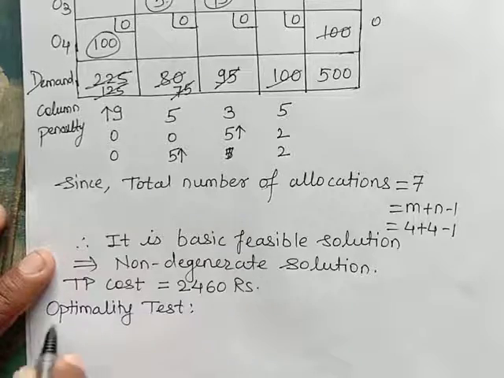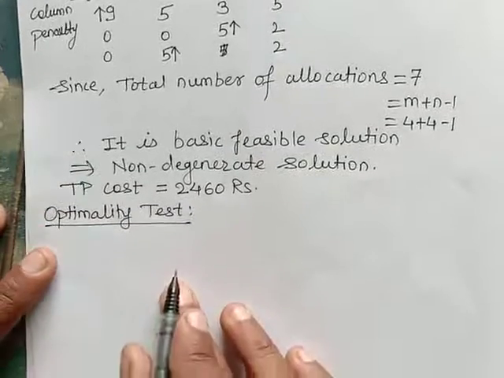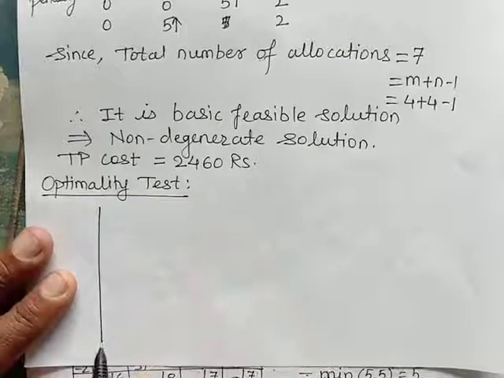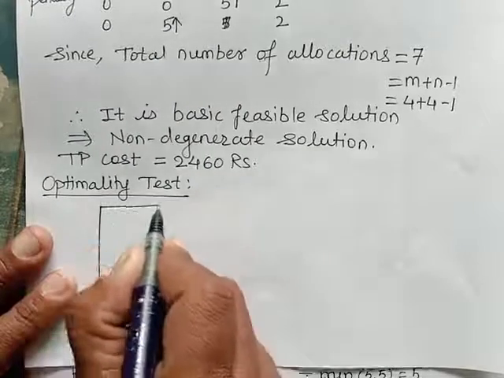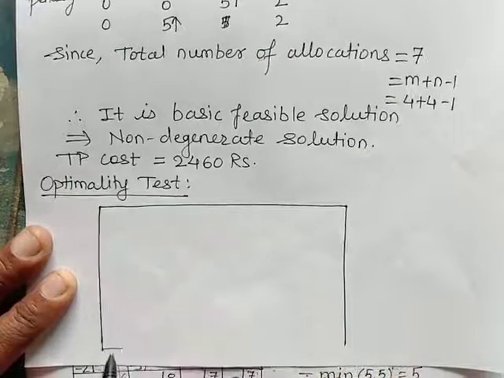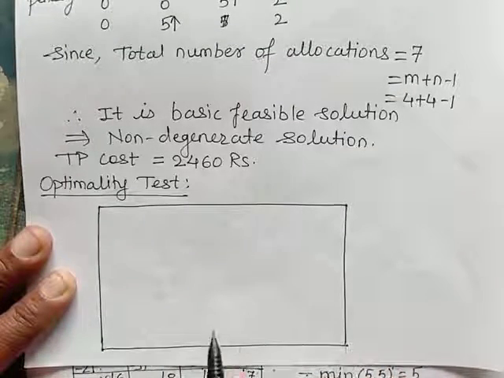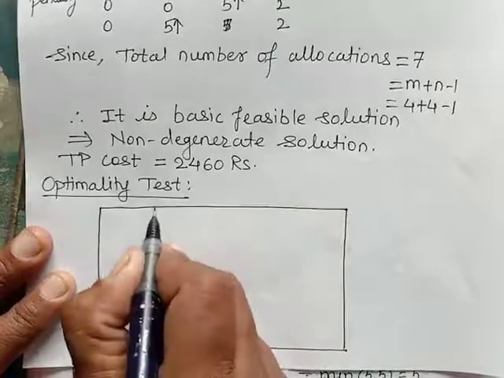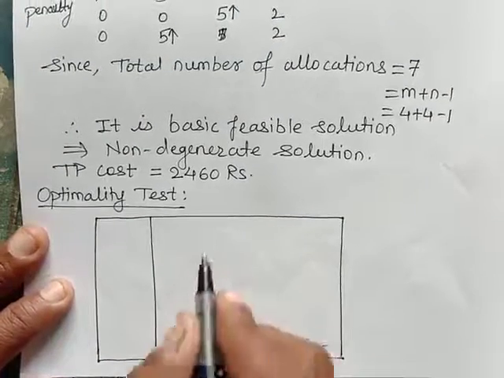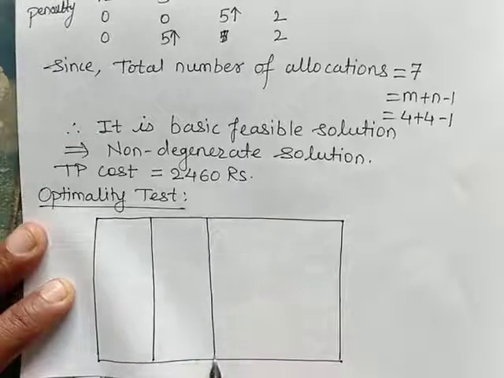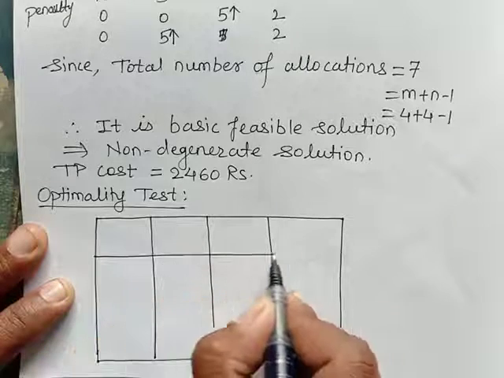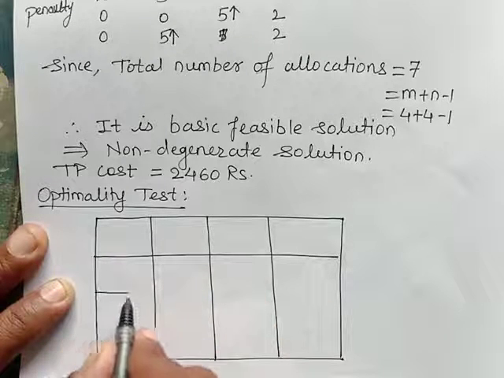For that, let's prepare a table. We need only the cells at that time, no need of demand and supply.